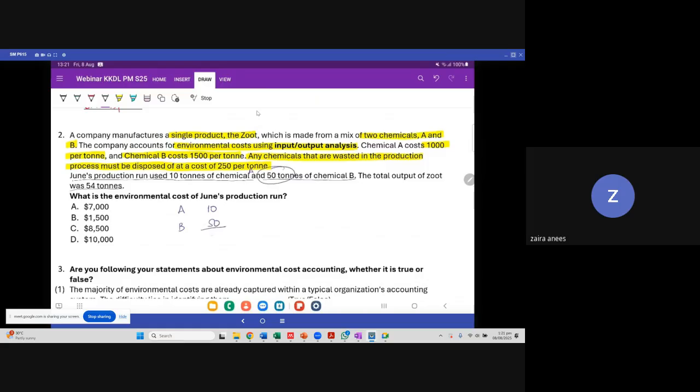And so the total input is 60 tons. But how much output we got? 54. So what is the loss? Loss is of 6 tons. So this concept says that you have to add value to this 6 tons. Right? How you will add value to this 6 tons?